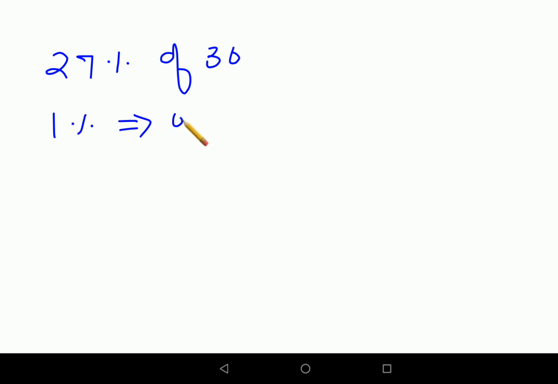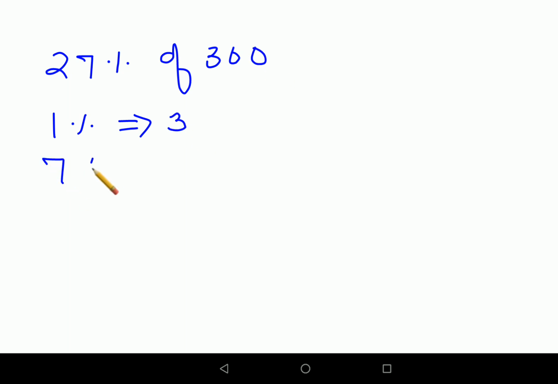Now let's try and see what will be 17. No, let's not do 17. Let's do a bit higher number. Let's do 27% of 30. So please understand, 1% is 0.3. Okay, not 30, let's do 300. So 1% of 300 would be just 3.